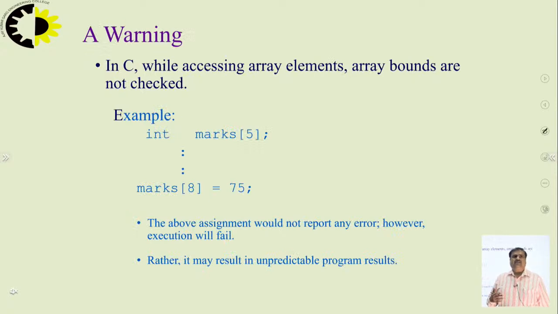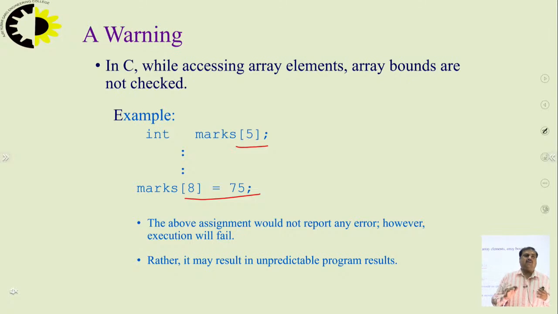In C, while accessing these array elements, sometimes we make some mistakes, because C language does not provide any bound checking. Bound checking means the array can be stored beyond its specified size. Like here we have declared the size as 5 and we are storing an element at 8th location.